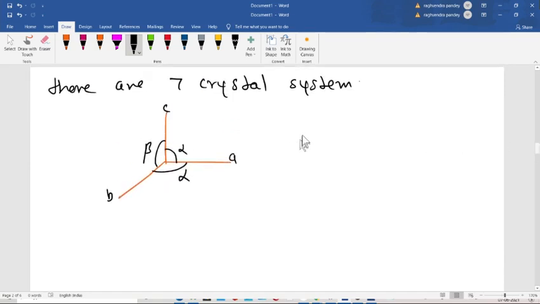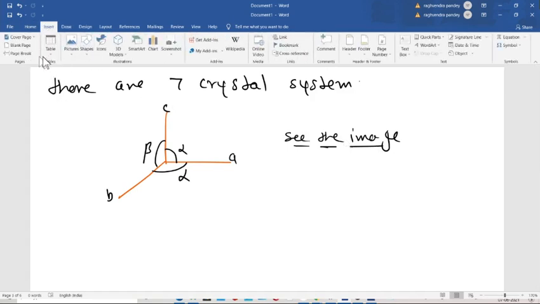So you just have to see the image. Can I insert the image here?